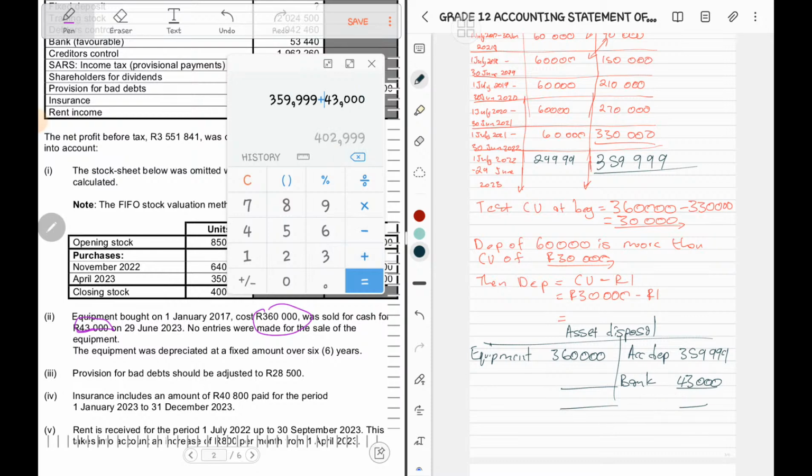That gives us a total of 402,999. So we take this and bring it to the debit side. It will be 402,999. So if we take 402,999 and subtract 360,000, we're going to get a profit on sale of equipment of how much? Of 42,999.